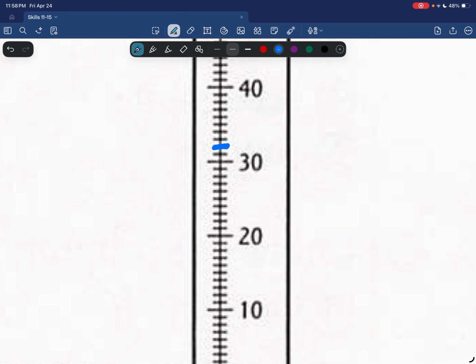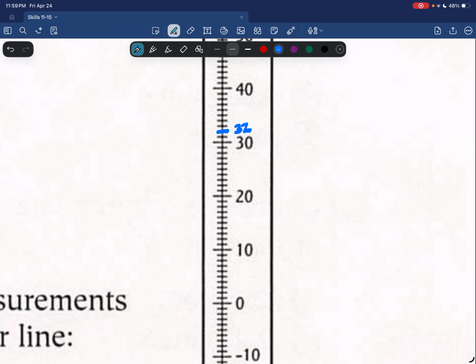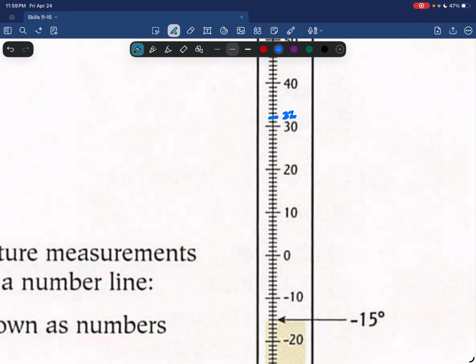That's right here. And they want us to find the distance from that 32 down to this minus 15. One way to do it is to say 32 minus that negative 15, which would be the same as 32 plus 15, or 47 degrees.